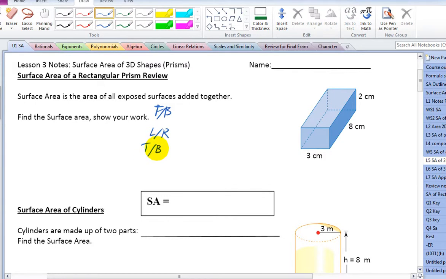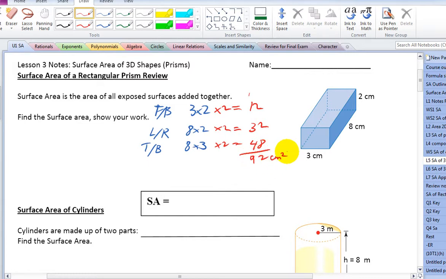Okay. Hands up if you got 92 centimeters squared. Perfect. Let's go on then.